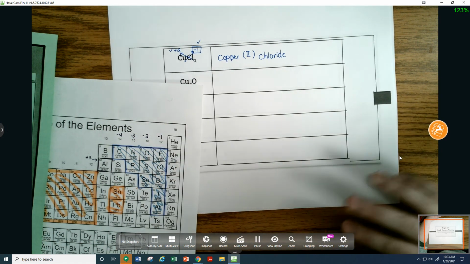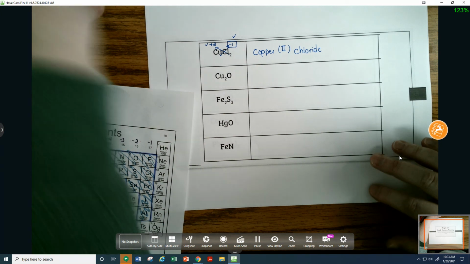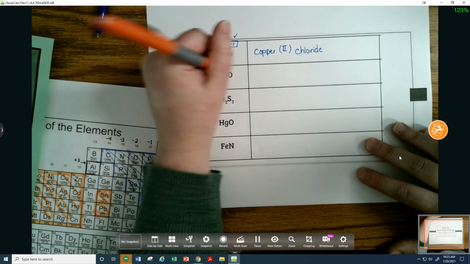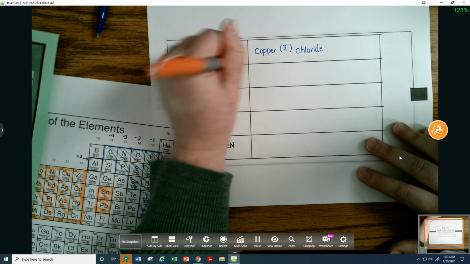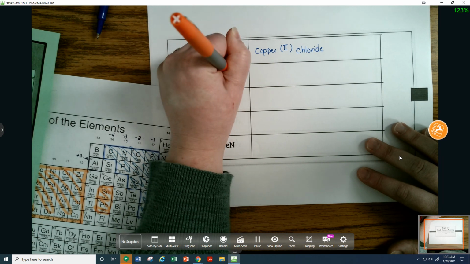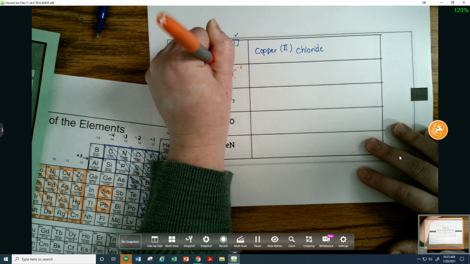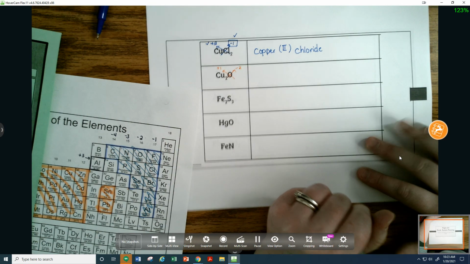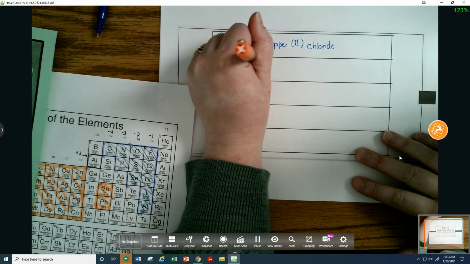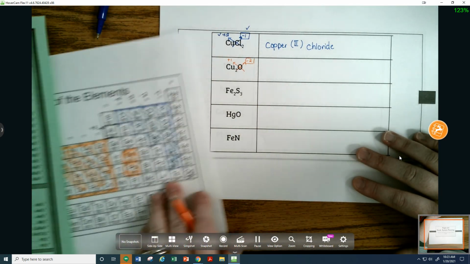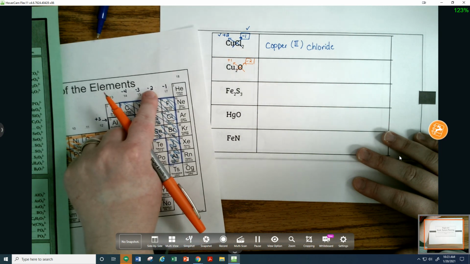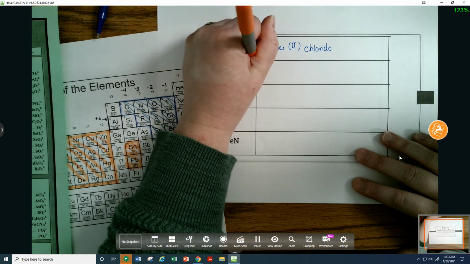Okay. In my next example, you want to do that cross-up step. So we're going to bring the 2 up to the oxygen. Because there is nothing on the oxygen, we're bringing up a 1 to the copper. You always, always, always check your negative. If we take a look, oxygen is indeed a -2, so that is correct.